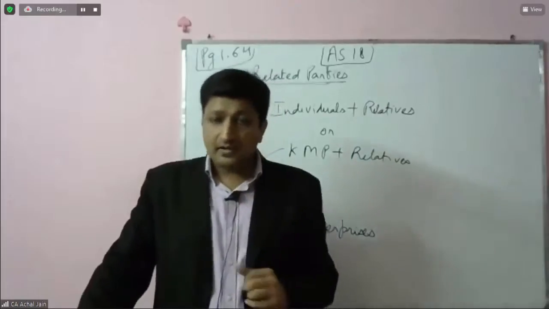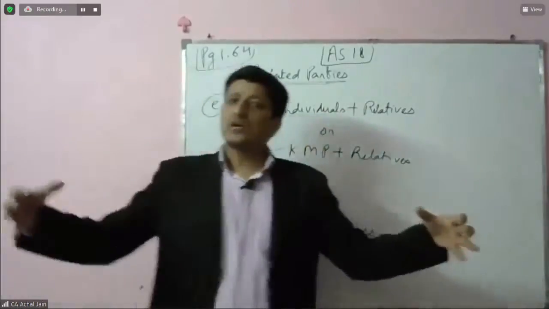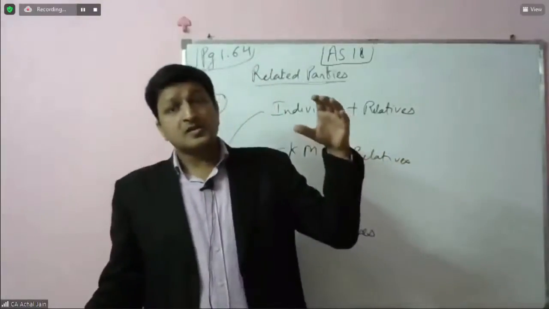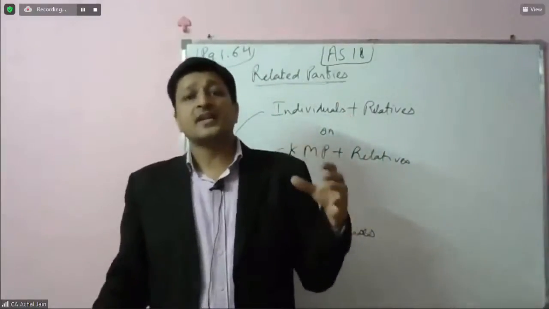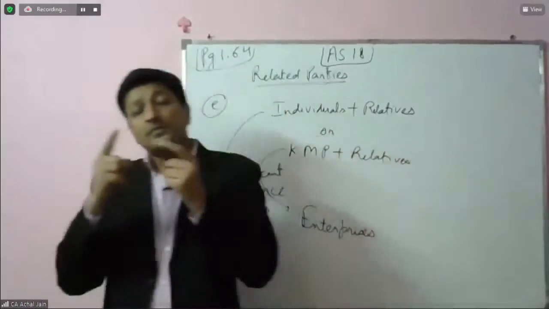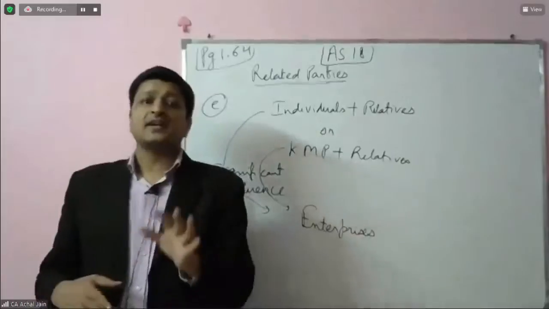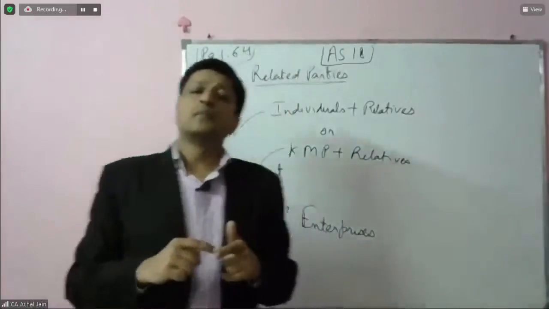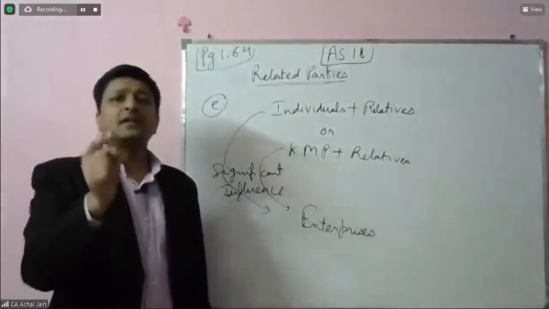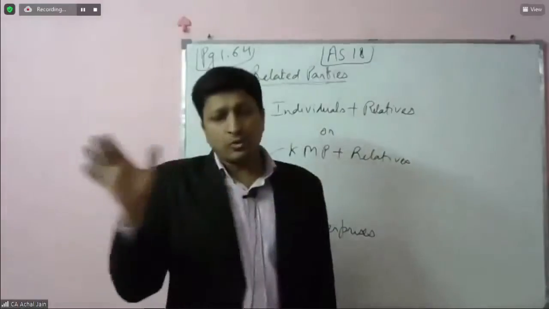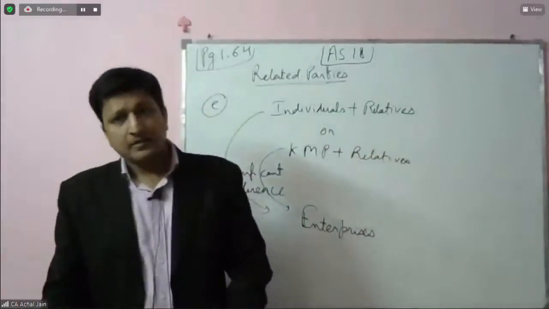But please understand, Companies Act and accounting standards are two different things. Because CFO and company secretary are KMP as per the Companies Act, that doesn't mean that they will also become KMP as per AS18 necessarily. You need to evaluate them. Only if they meet the criteria of KMP as per AS18 will you call them KMP, otherwise not.